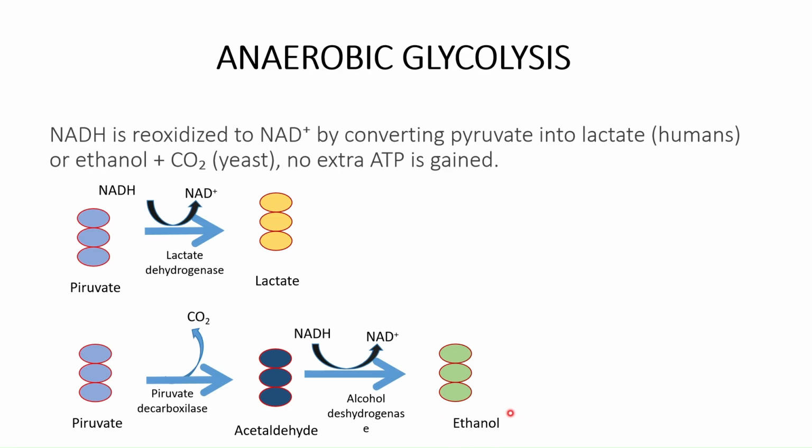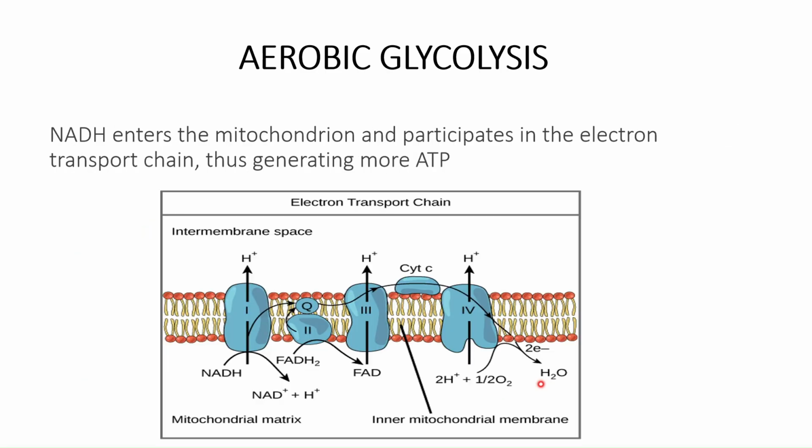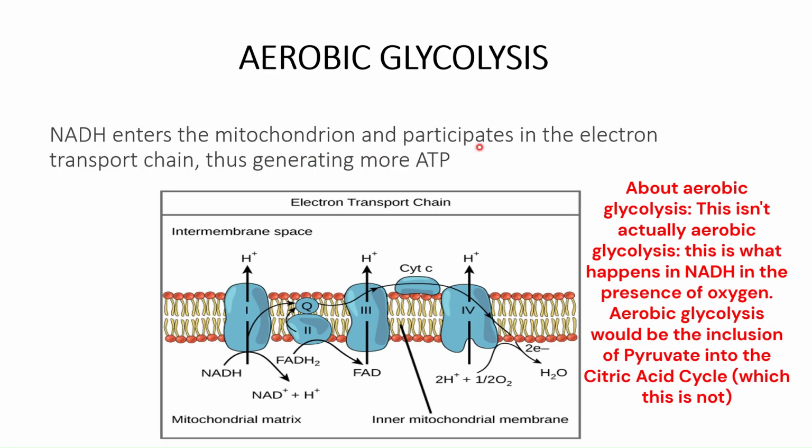Okay, and now take a look at what happens in an aerobic context, okay? So this reduced NADH is going to enter the mitochondrion, okay? And when it enters the mitochondrion, it's going to participate in the electron transport chain. So here, look, NADH, this is the mitochondrial matrix, okay? And this is the intermembrane space.